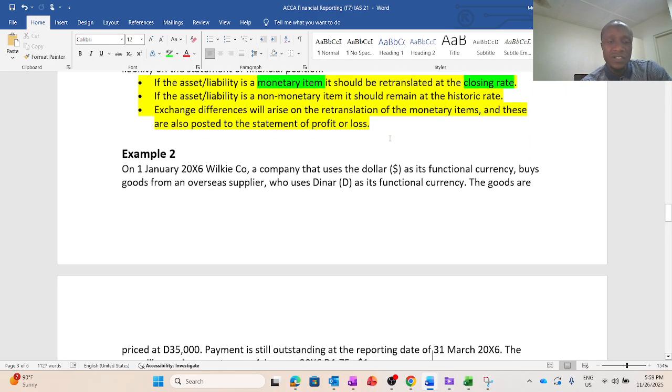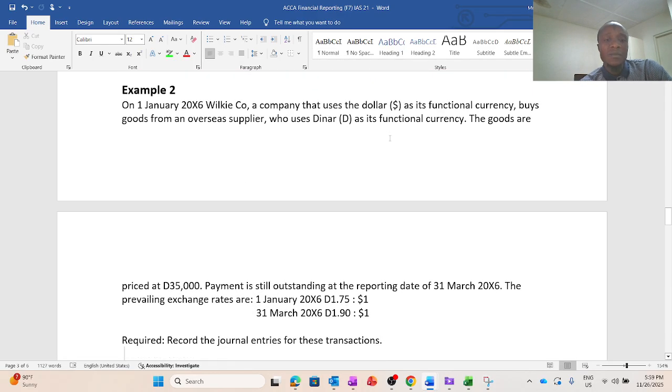So now let's solve example 2 so we can understand better. On 1st January 20XE, WCO, a company that uses the dollar as its functional currency, buys goods from an overseas supplier who uses the dirham as its functional currency.